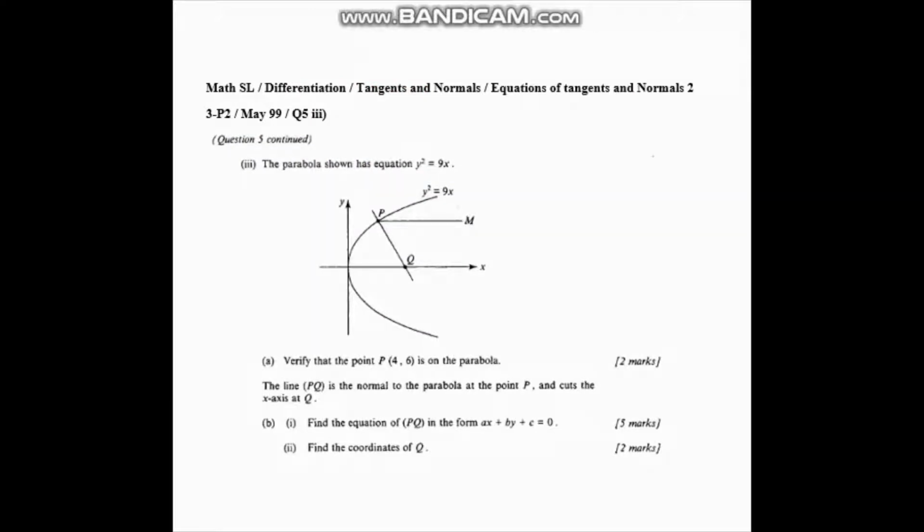So we have completed B I and we have found the equation of PQ. Next we need to find the coordinates of Q. And this is similar to the previous question, where we were told that Q is the point where the normal cuts the x-axis. So we have the equation of this normal line right there, and we want the coordinates of this point, and we should know that the y value at Q is 0 because it lies on the x-axis.